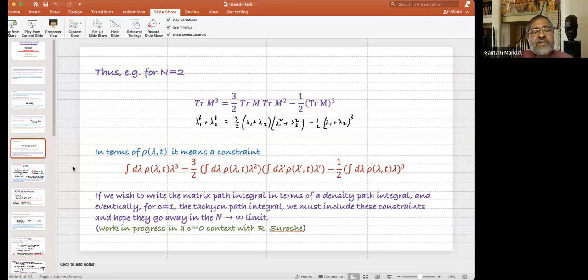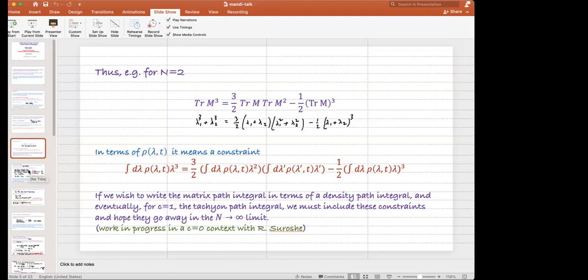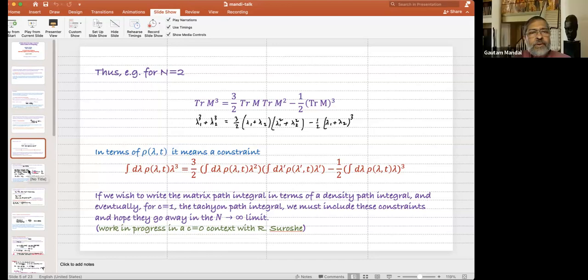The matrix path integral written in terms of densities has constraints, and the point is how do these constraints go away? Did I answer the question? Yeah, thank you. All right.